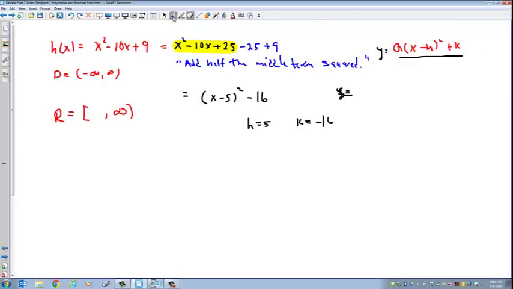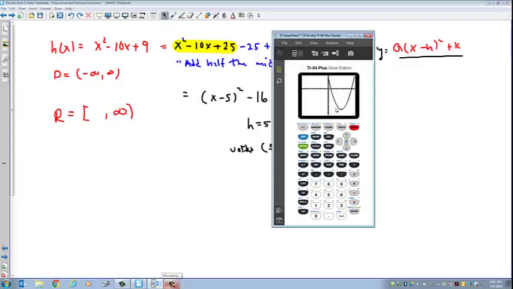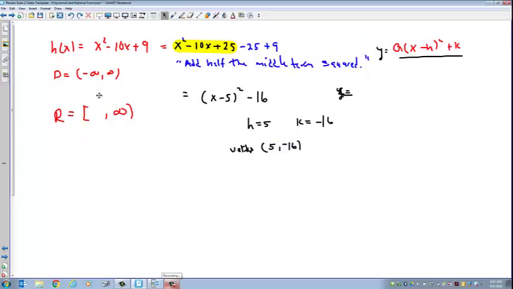So then plus k, and of course it's minus 16, so k is negative 16. So we have a vertex at 5, negative 16, which is nice because it does correspond with our graph right here. Yeah, that looks like 5, negative 16. I'll take that. So that lower height is negative 16, and so right here we'll put negative 16 for our range.